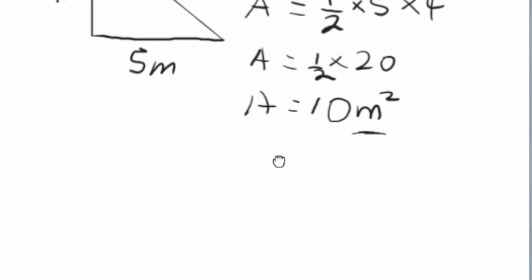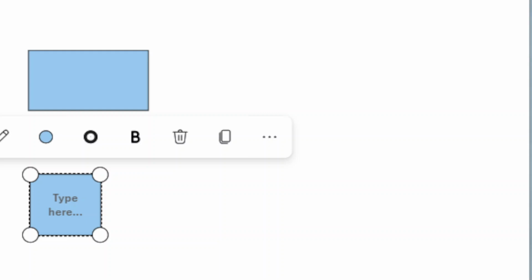So now I'm going to put some questions down. I want you to try your hands on them. I'm going to put some rectangles, a square, and then a triangle.